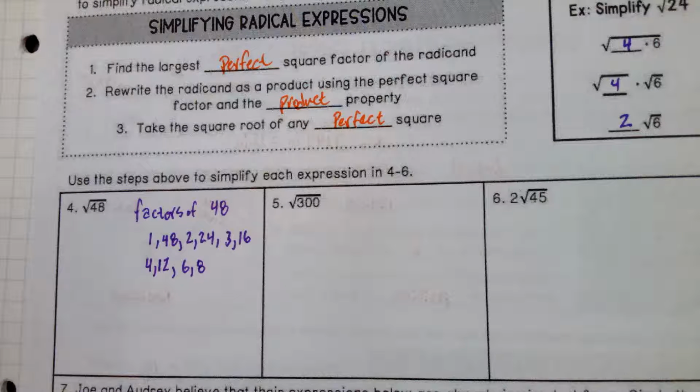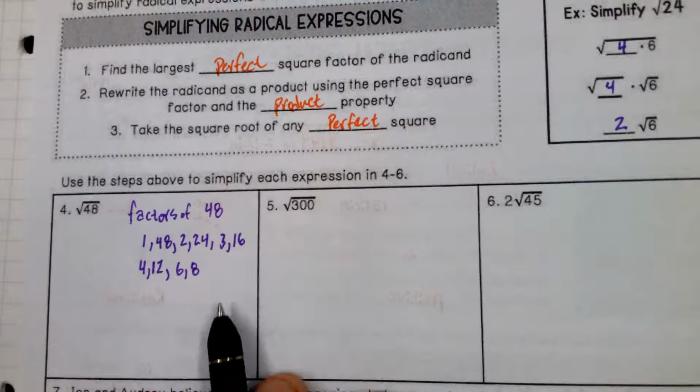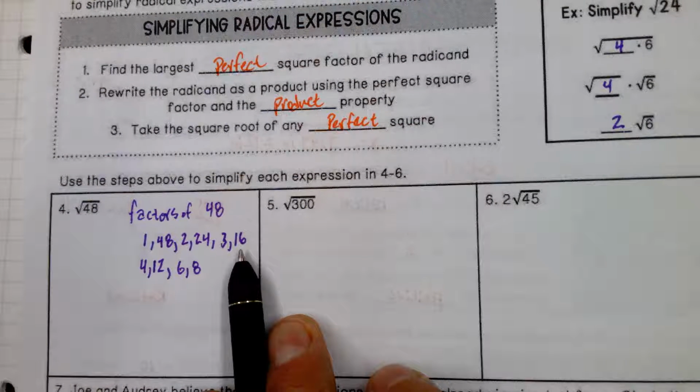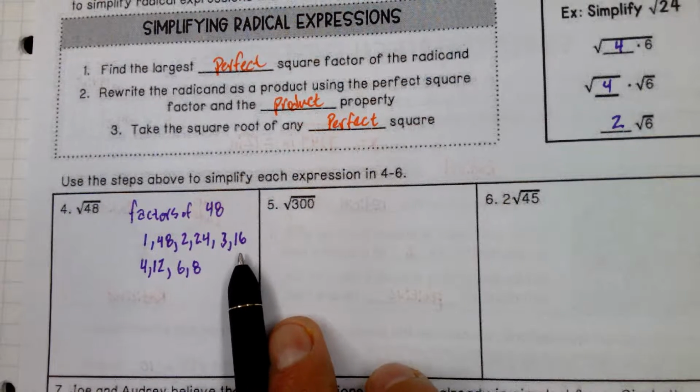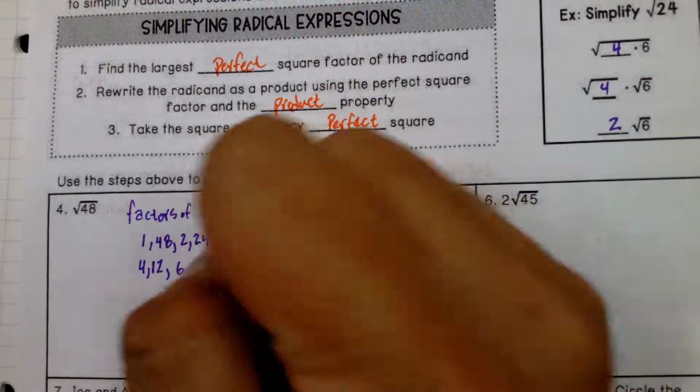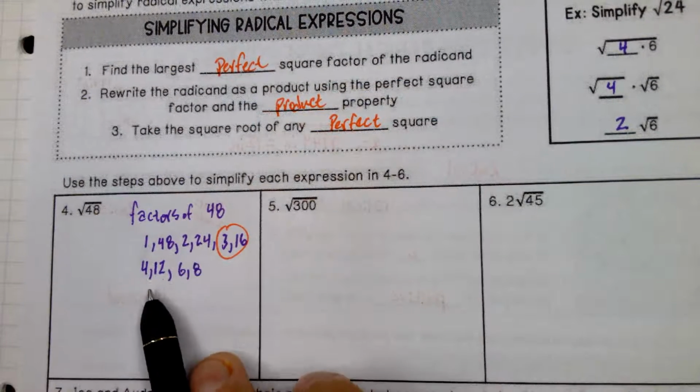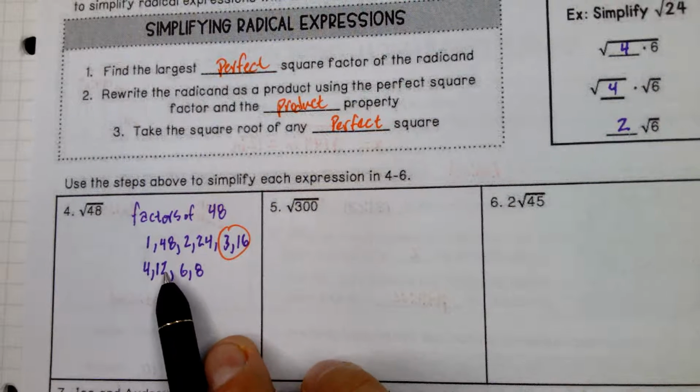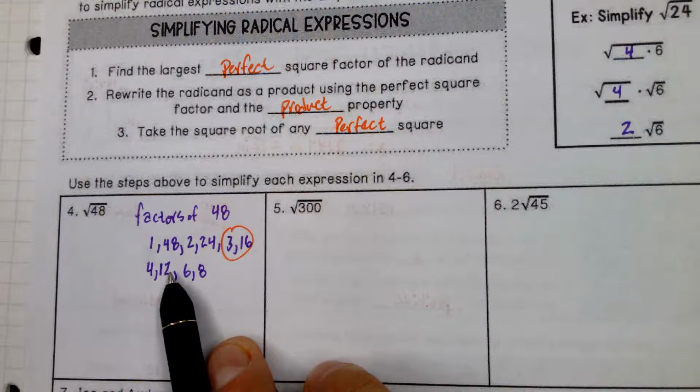Which combination has the largest perfect square? I see a couple that have perfect squares, but which combo has the largest? 16 times 3. And the reason we want that one is 16 is the largest perfect square. We could have gone with 4 and 12, but guess what? 12, we could still break it up into 4 times 3, and we would have had to do that again.